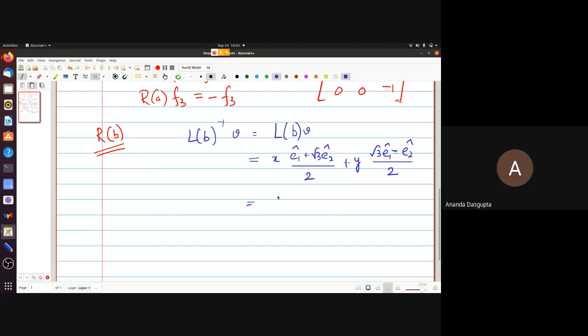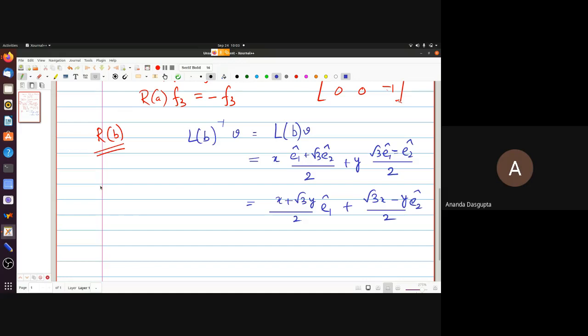It's going to give you root 3x. Oh, sorry, not root 3x. Where did I get that from? It's going to give you x plus root 3y by 2 E1 plus root 3x minus y by 2 E2.